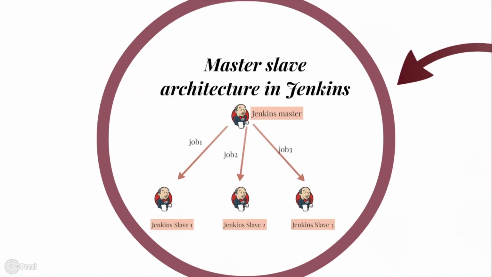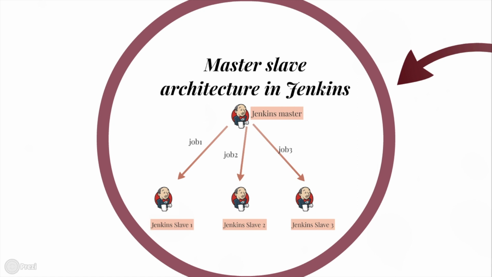So now let's first understand what the master slave architecture in Jenkins is. As you can see in the diagram, we have one master, which is the Jenkins master, and we have different slaves. The reason behind using a master slave architecture is that we can run multiple jobs in different environments in parallel.